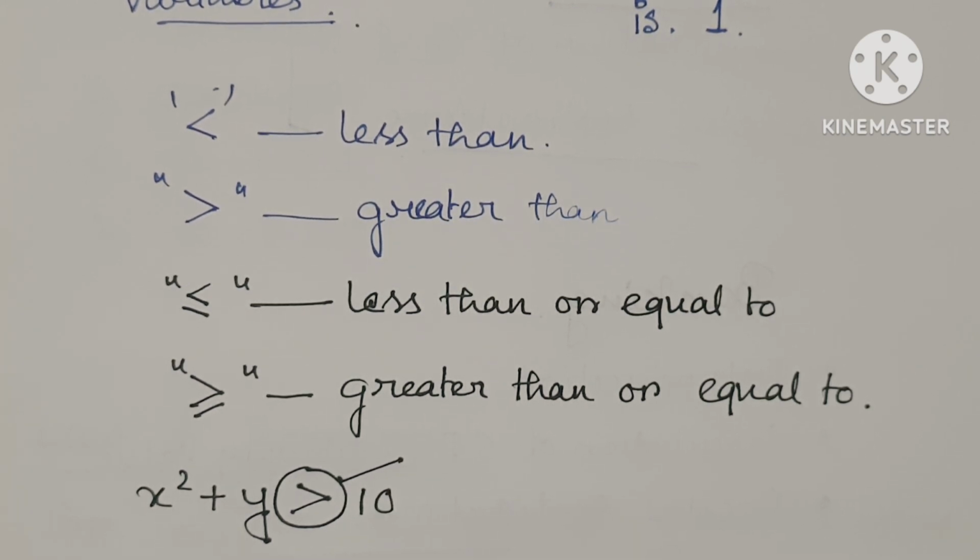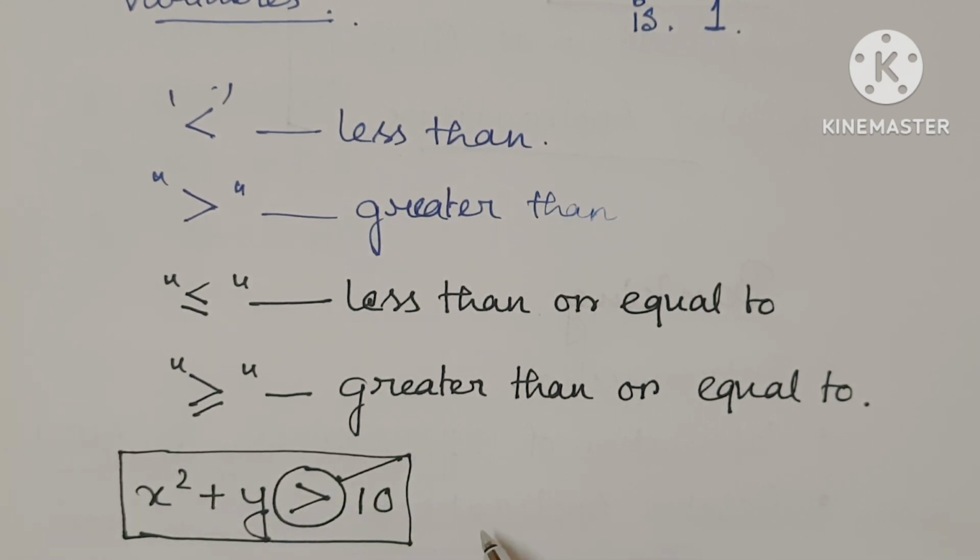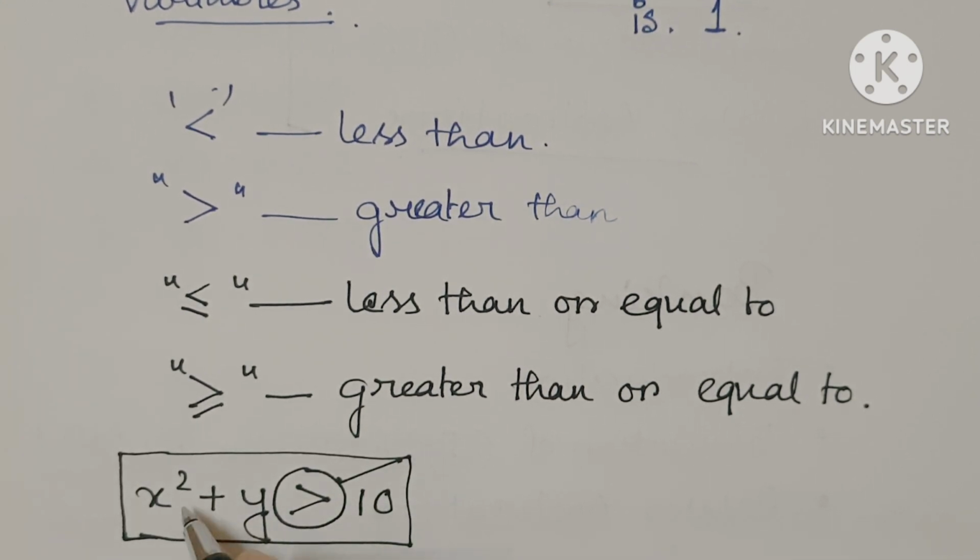Now is it a linear inequation? No, because the power of x is 2. So this is not a linear inequation. You can say this is an inequation but not linear. And another point is that there are two variables.